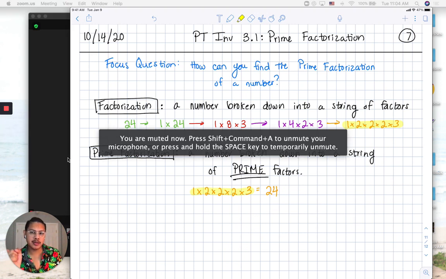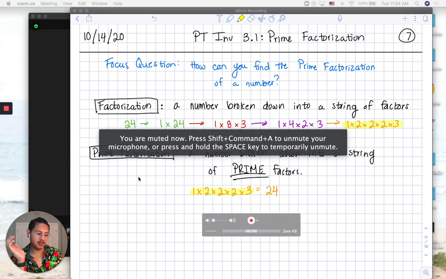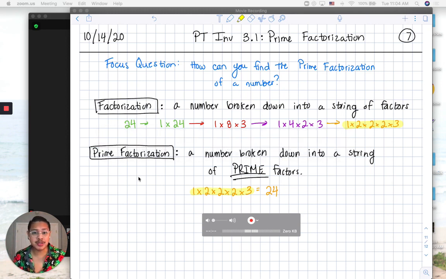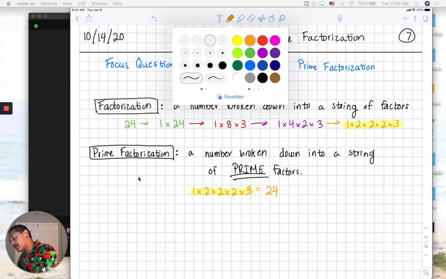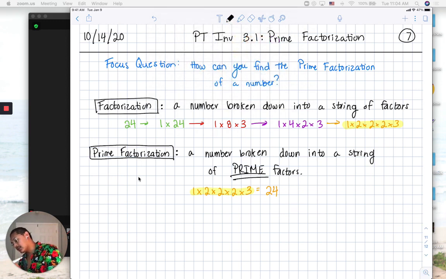So I know what you're thinking. You're probably thinking, well, Mr. Archie, this 1 times 2 times 2 times 2 times 3 is very long to write. I would agree with you there. So we could actually rewrite this in another way, using something that we call exponents. And that's our third vocab word for today.